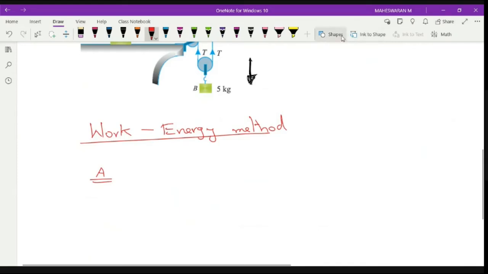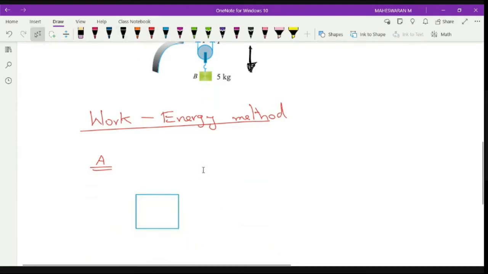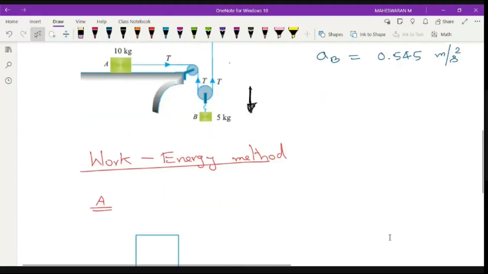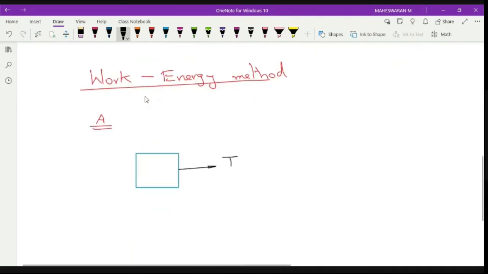For A, you have a rectangular shape connected to a string, so you have the tension T. Next, you have a weight acting downward, which is 10 into 9.81. It is in kilogram, so you have to convert it to Newton, and you get 98.1 Newton.